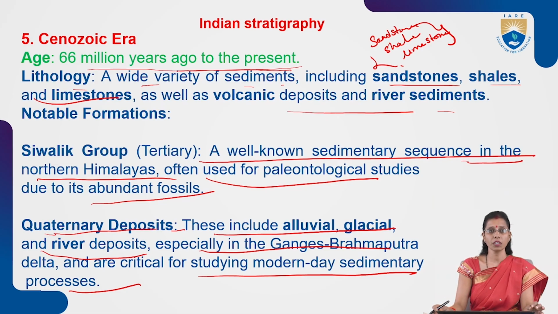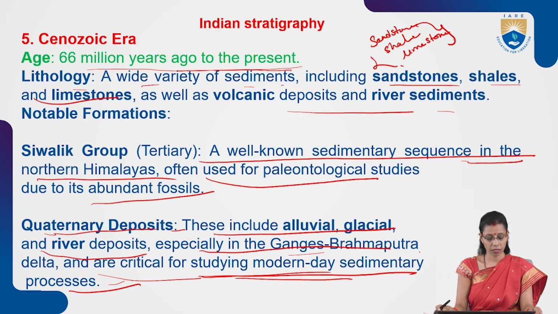In this we find that the rivers carry all the sediments and alluvial soil and deposit them in the lower part of the river, especially in the Ganges-Brahmaputra delta.